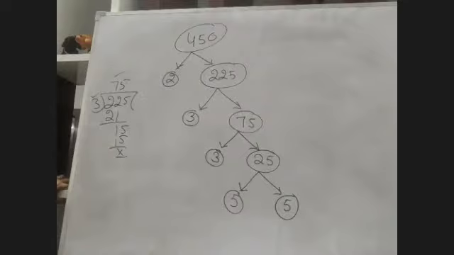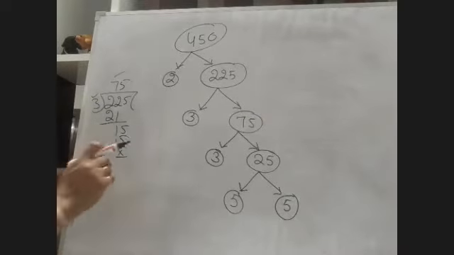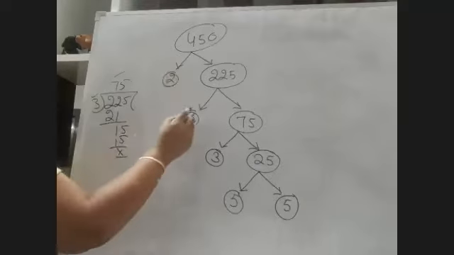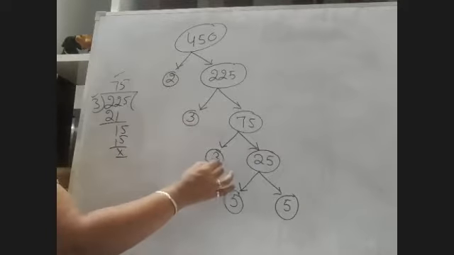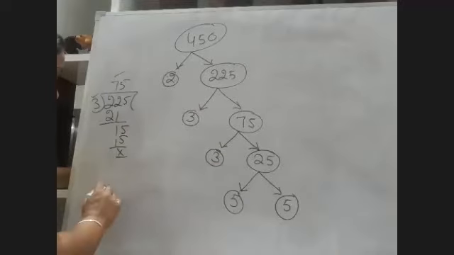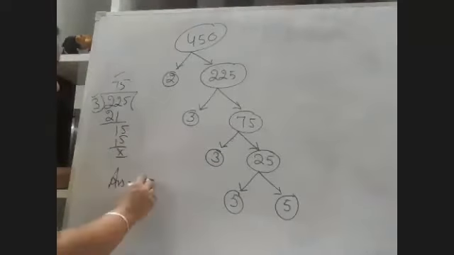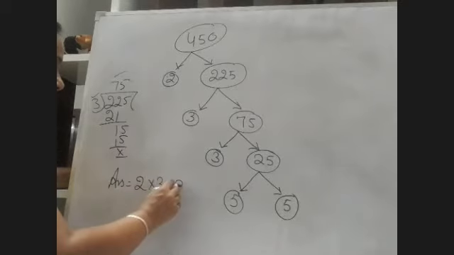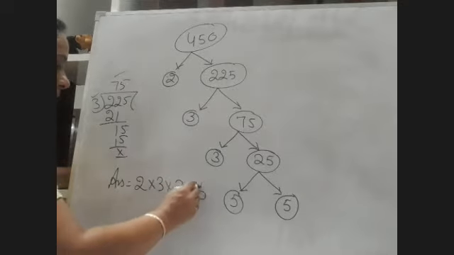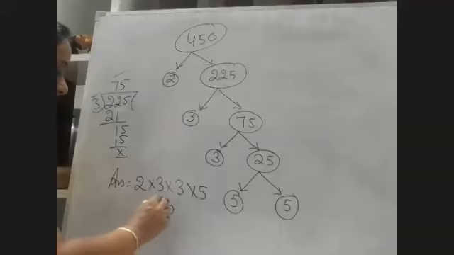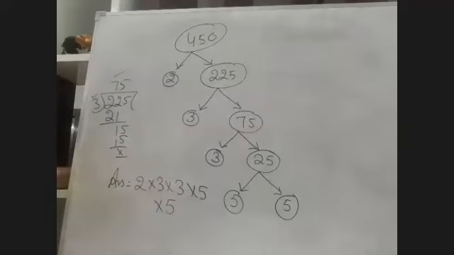Yes, friends. So all prime factors of number 450 are 2, 3, 3, 5, and 5. So our answer is 2, 3, 3, 5, 5, and these are all prime factors of number 450.